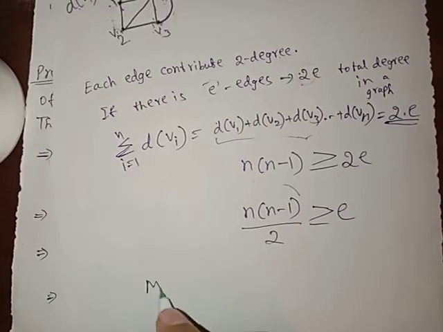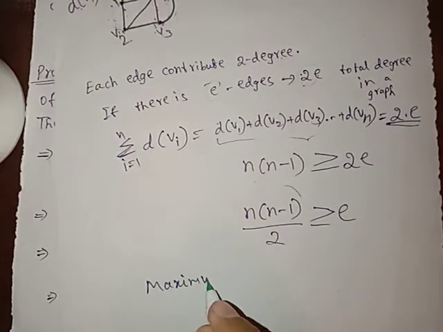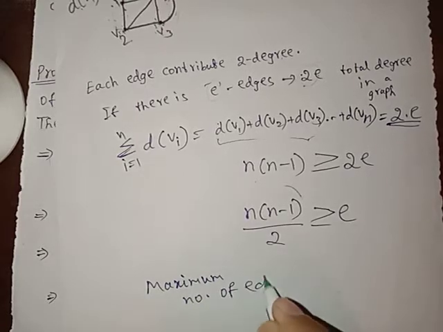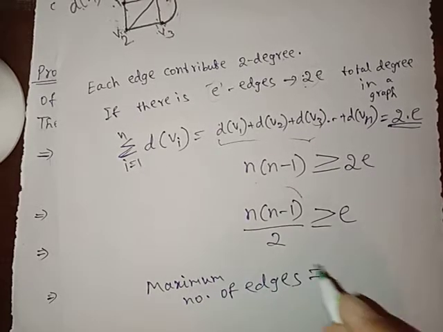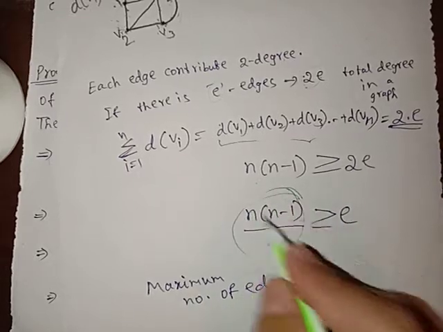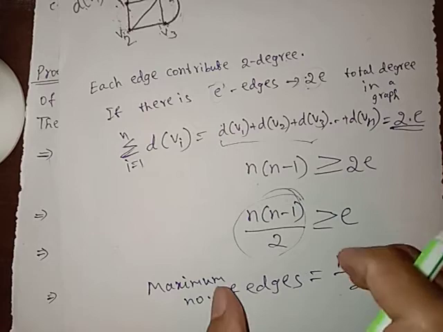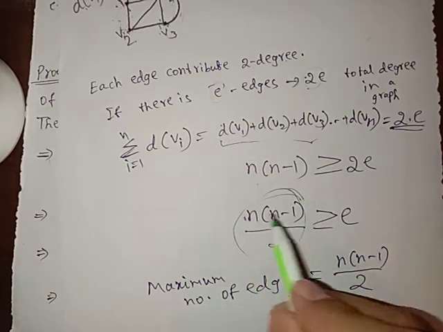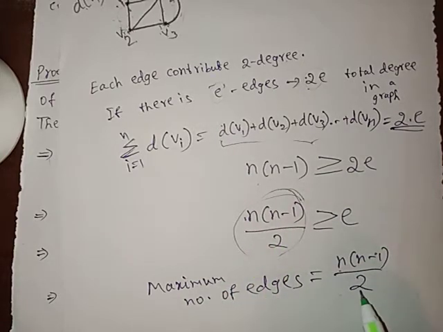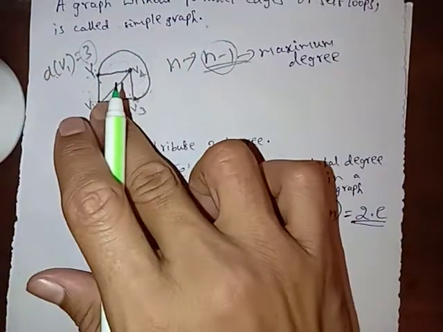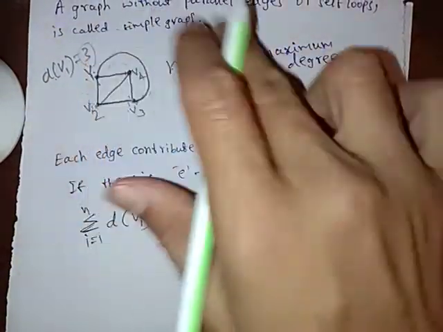We can say the maximum number of edges is n into n minus 1 divided by 2. If we consider the maximum, n into n minus 1 divided by 2 edges are there in n number of vertices, making a simple graph.